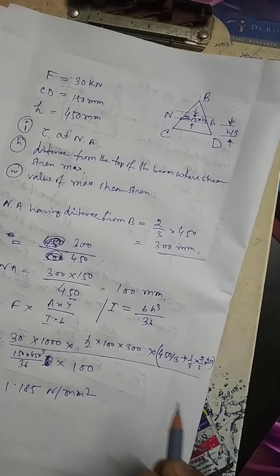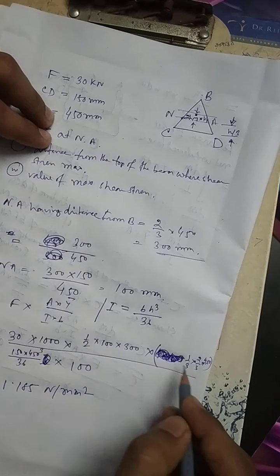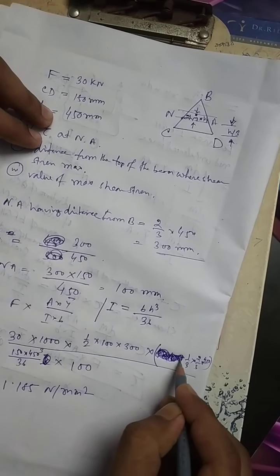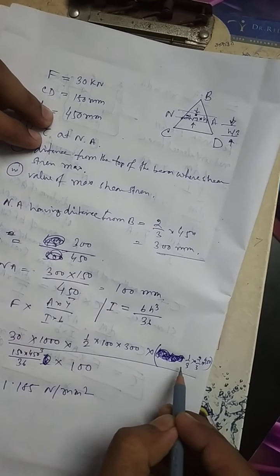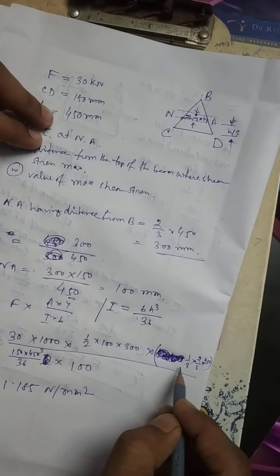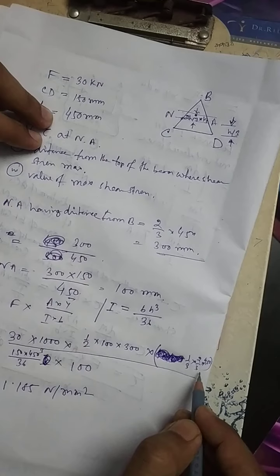Sorry, when you are finding out y bar, this quantity is not required. Y bar is measured from neutral axis, not from bottom. So that's why it will be just this. It will be just this: 1 by 3 into 2h by 3.